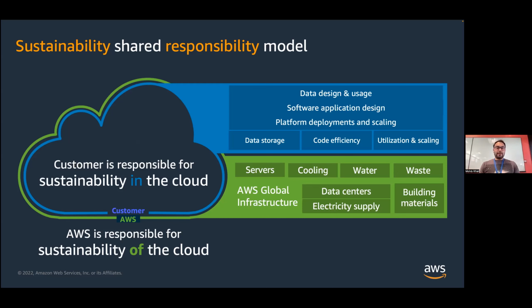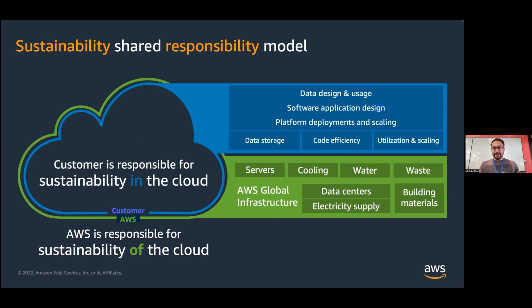We take care of those from an infrastructure perspective, including recycling. AWS purchases the energy and ensures that energy and other resources, such as the water needed for cooling the HVAC systems, are used efficiently. And lastly, the AWS service teams run managed services and optimize them for sustainability.